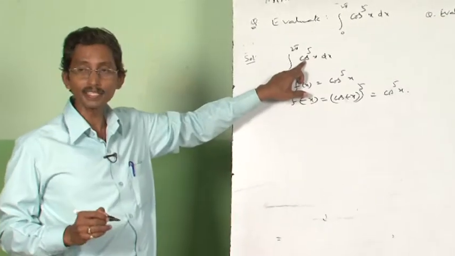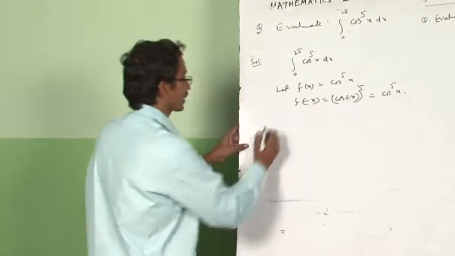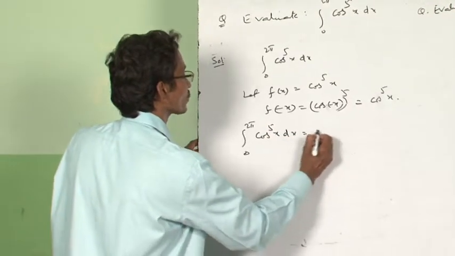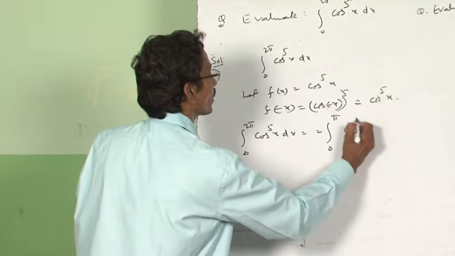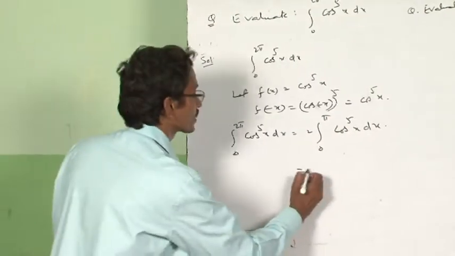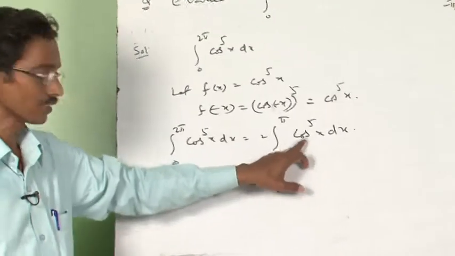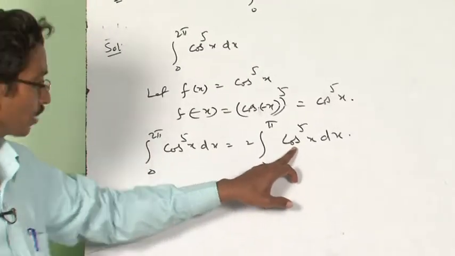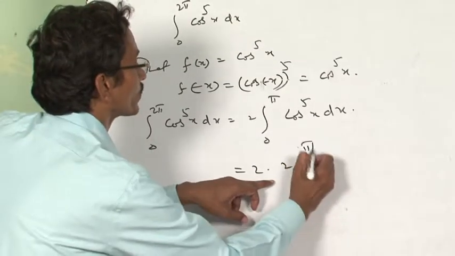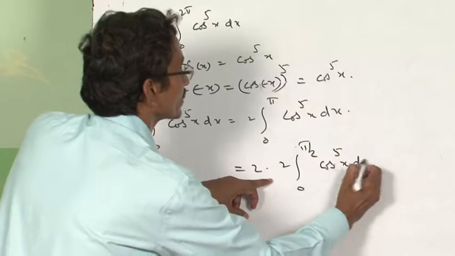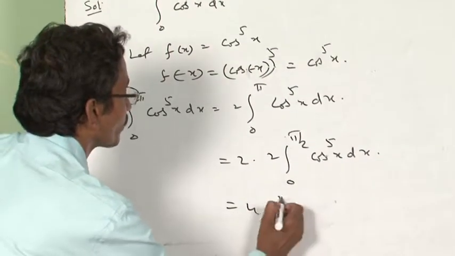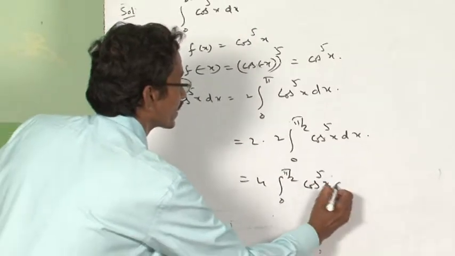So, since the integrand is an even function, I can write the integral from 0 to 2 pi of cos^5 x dx as 2 times the integral from 0 to pi of cos^5 x dx. It is an even function again, so this is 2 times 2 times the integral from 0 to pi by 2 of cos^5 x dx, which is 4 times the integral from 0 to pi by 2 of cos^5 x dx.